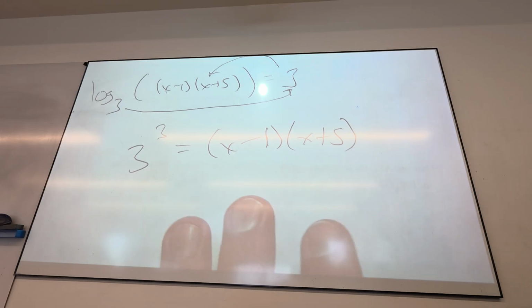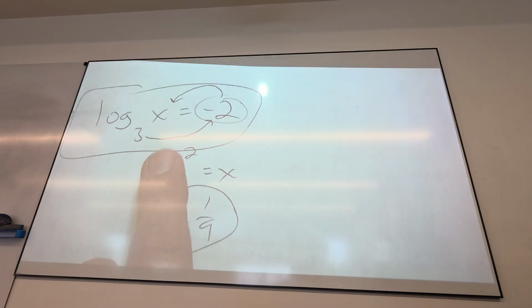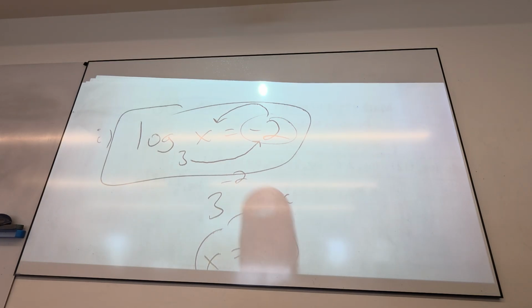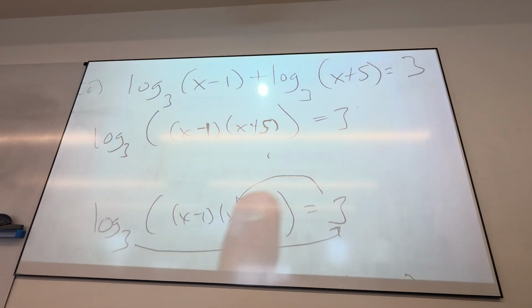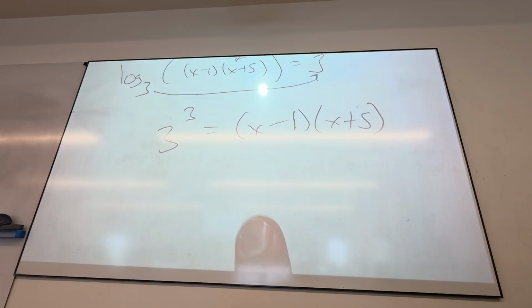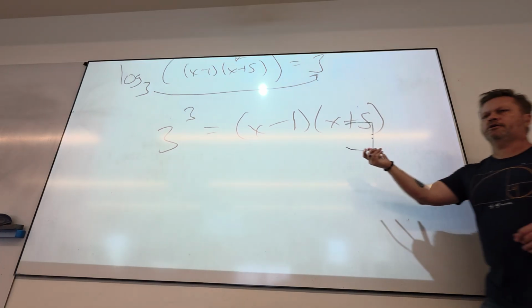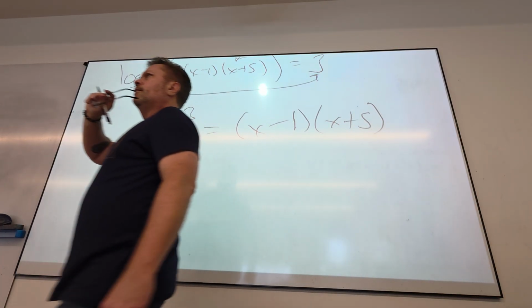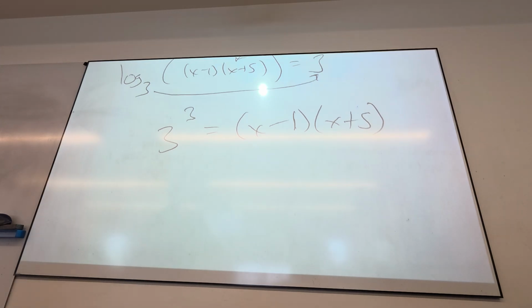Do you guys see? It's kind of nice. If I have a single log, that's great. If I have 2 logs, put them together and it's great again. Now this is a little less great because what do I have to do to solve this? See who remembers. Is this side factored already?